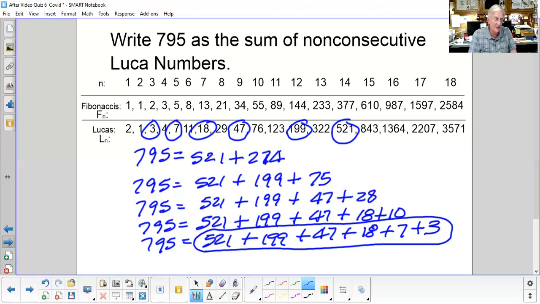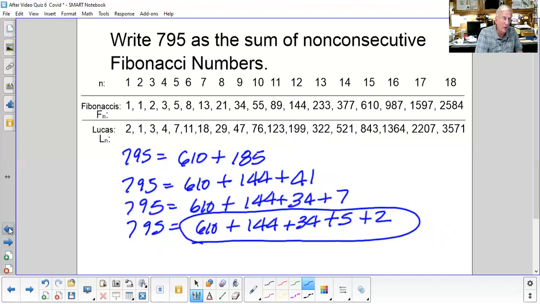Therefore, they are non-consecutive. And if I go back and look at the problem before, if I circle the 2 in the Fibonacci's, the 5, the 34, the 144, and the 610, you can see that none of those are consecutive Fibonacci numbers, okay? So that's the process you have to use to determine the answer to finding these non-consecutive additions that work out.